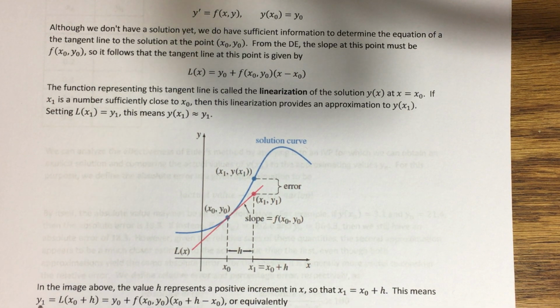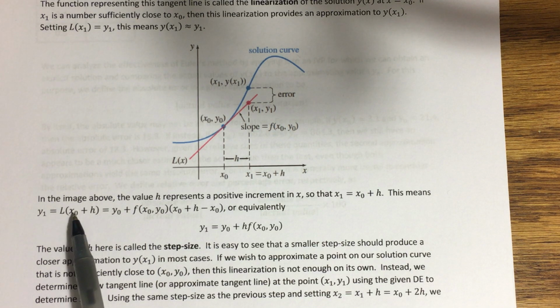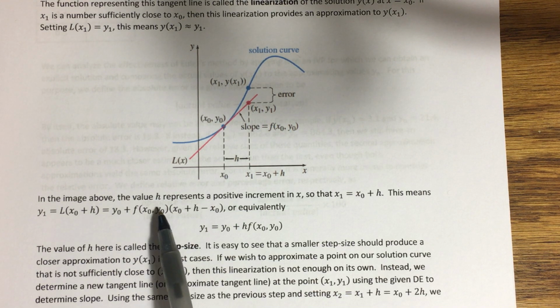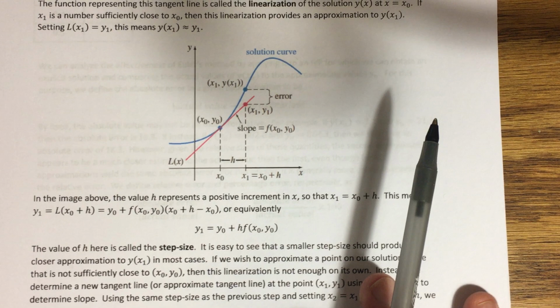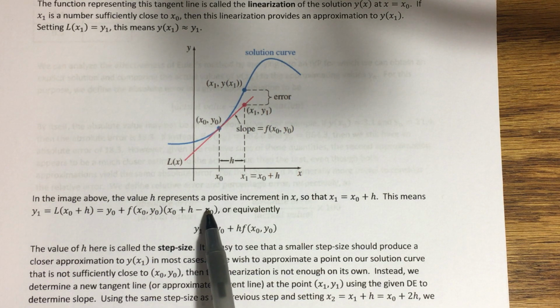So y1, I have this down here, y1 is equal to L of x naught plus h. Plugging that into my linearization that we found up above, that's y naught plus f of x naught, y naught. I'm plugging that point into my slope function that I get from my DE to find that slope. And then where I had x here, that's going to become x naught plus h minus x naught.